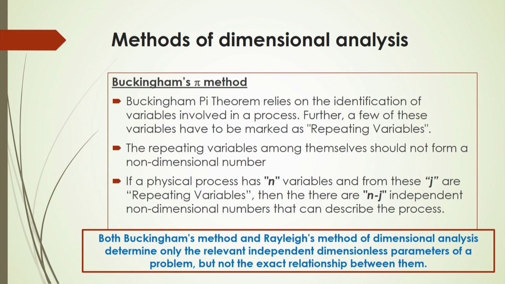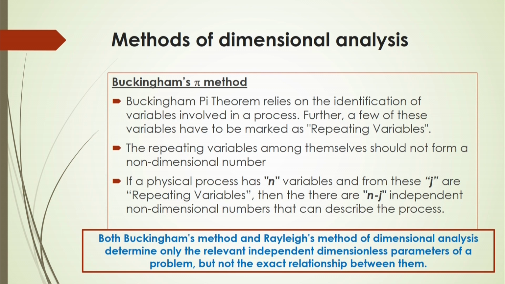So, here also you have to first identify the variables for the particular physical process. Like if I see that a fluid is flowing through a pipe, then you will see what the resistance force during the flow should be, and that resistance of the flow depends on the pipe diameter, viscosity of the fluid, density of the fluid, and also roughness of the pipe, all those things.